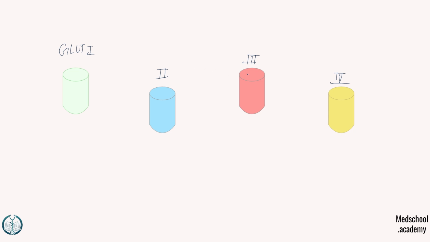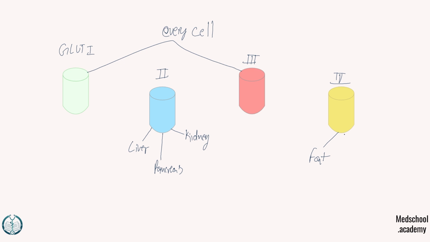So GLUT1 and 3 are pretty much found in every single cell, whereas 2 and 4 are found in specific organs. GLUT2 is found in the liver, pancreas, and kidney. And GLUT4 is present in fat cells and muscle cells.